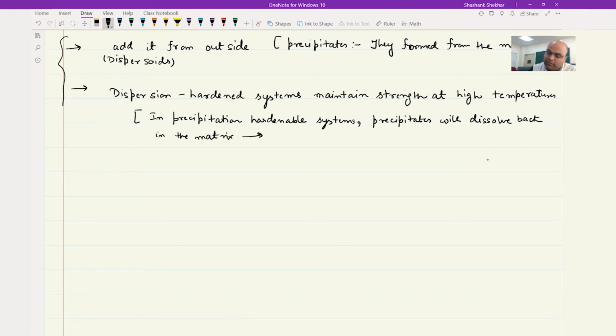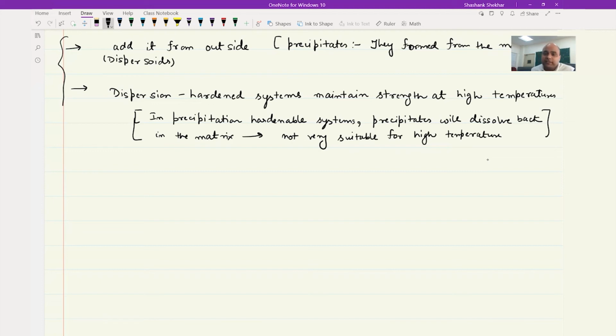And this also means not very suitable for high temperature, say solution treatment temperature, something like that. Okay, why? Because you are dissolving the precipitates back into the matrix.